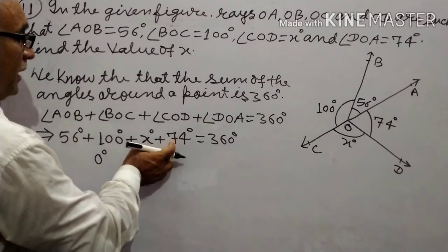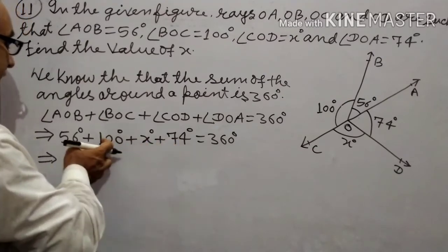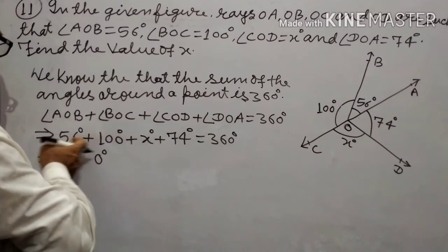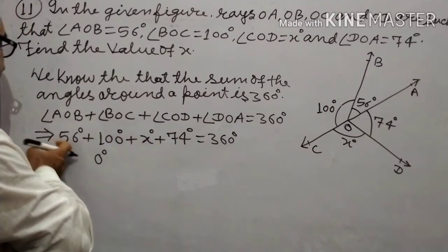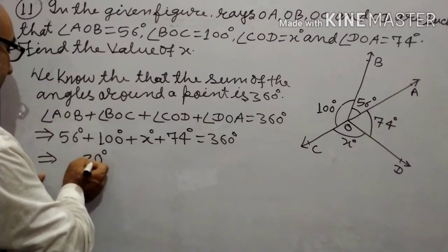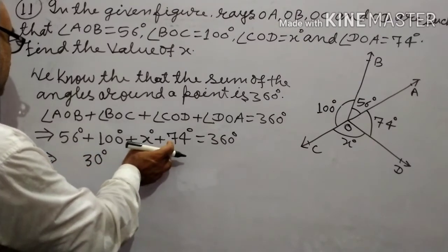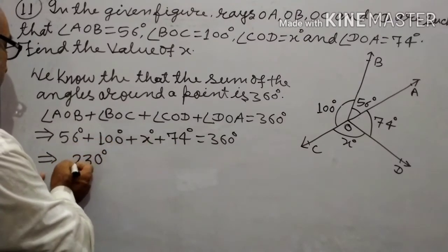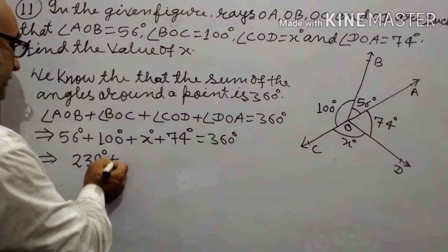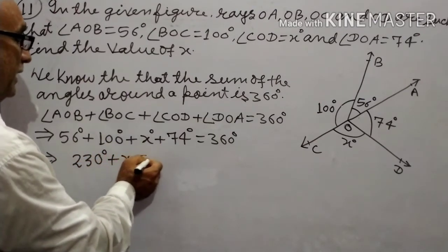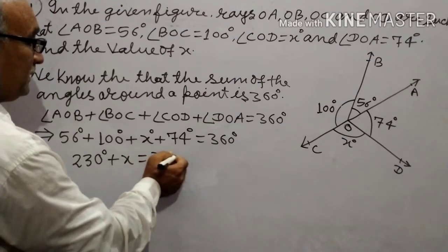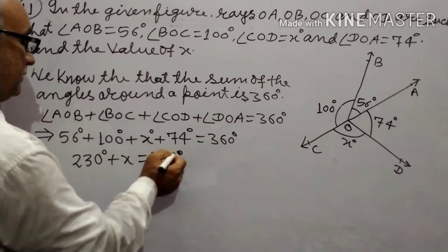Carry 1. 7 plus 1 is 8. 8 plus 0 is 8. 8 plus 5 is 13, 3. Carry 1. Now 1 and 1, 2. 230 degree plus x equal to 360 degree.